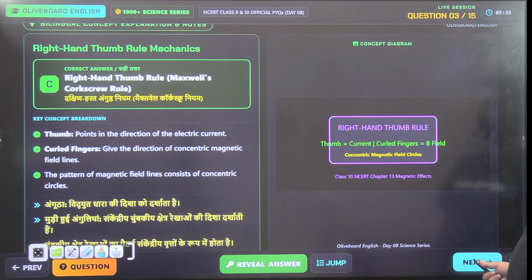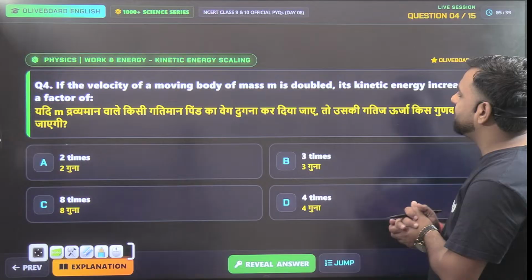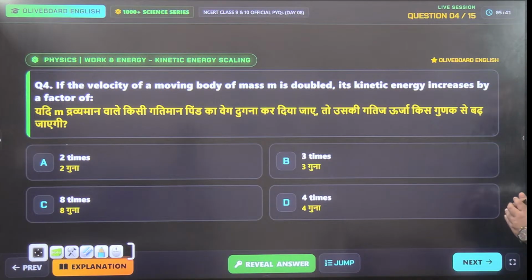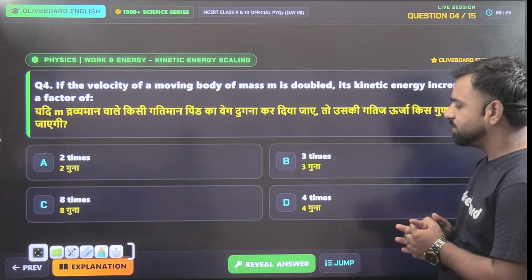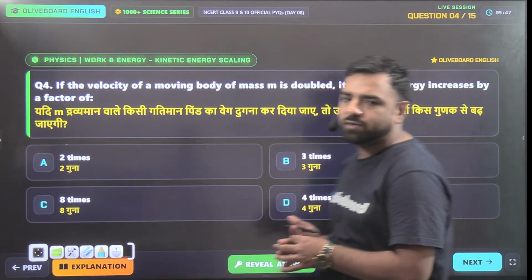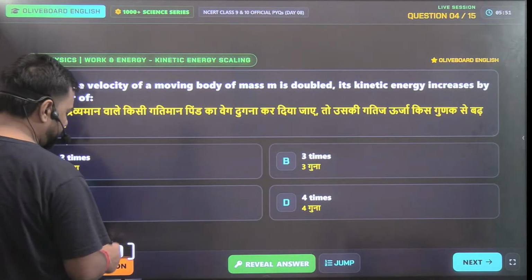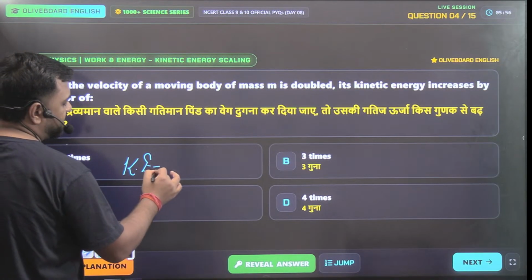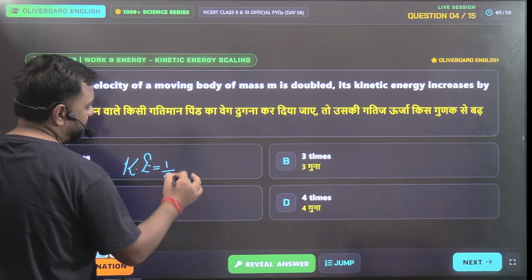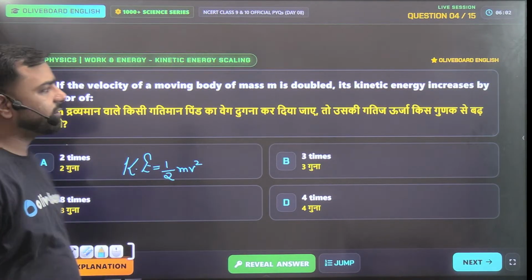Okay, next. If the velocity of a moving body of mass m is doubled, its kinetic energy increases by a factor of dash. Is it 2 times, 3 times, 8 times, or 4 times? What do you think should be the correct answer? Now, guys, what is the formula for kinetic energy? The formula for kinetic energy is half mv square.